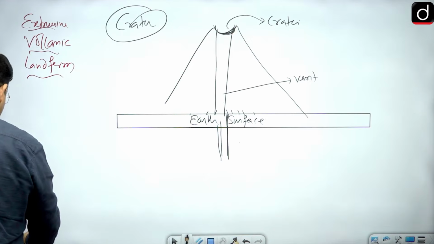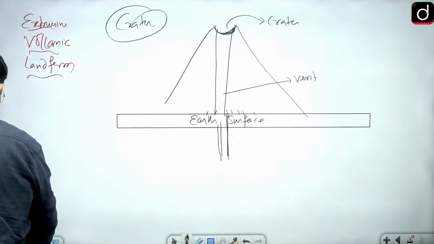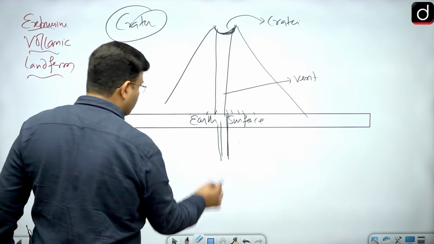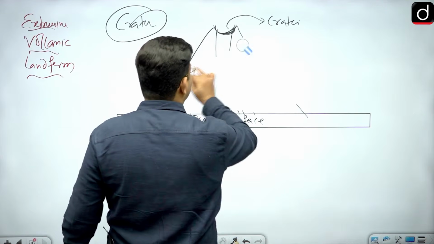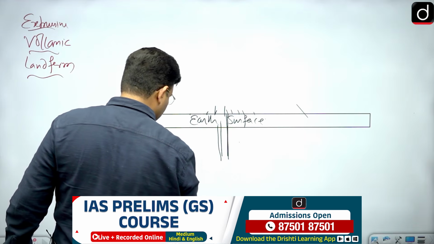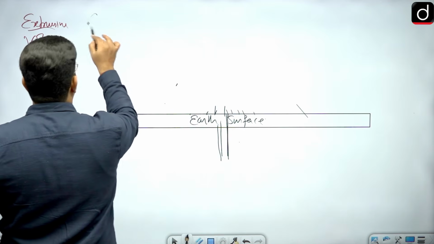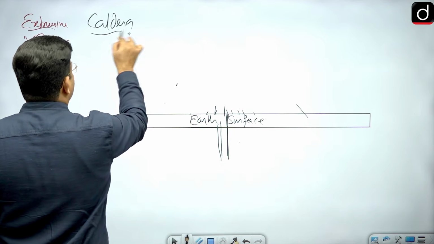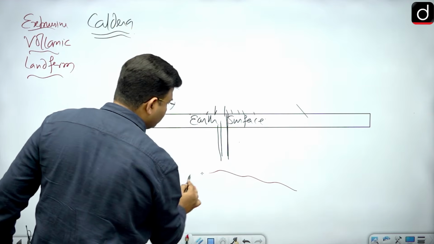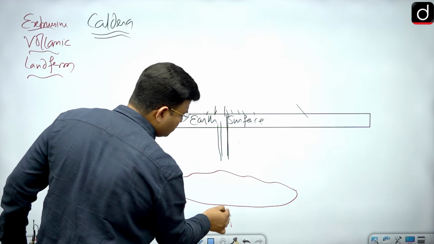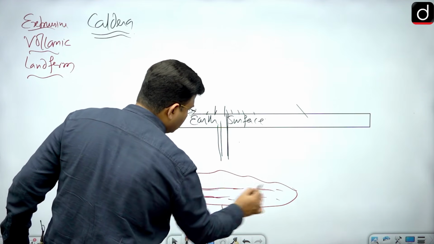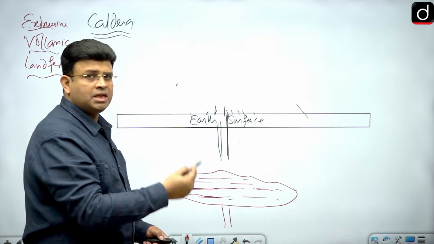And the next part, another one I am going to teach you is the caldera. In the case of caldera, the important part is that first of all, when the magma forms below the earth's surface, it starts moving upward, and then just near the earth's surface it starts filling a particular region, and that is known as a magma chamber.